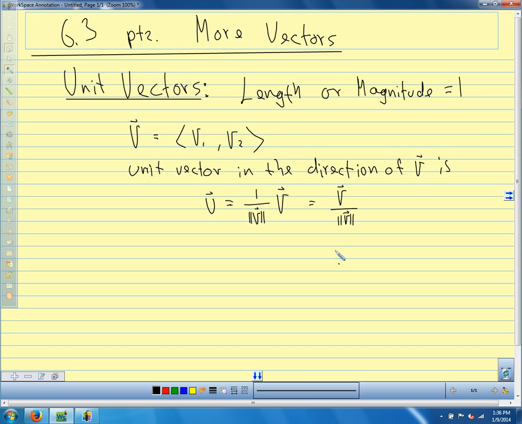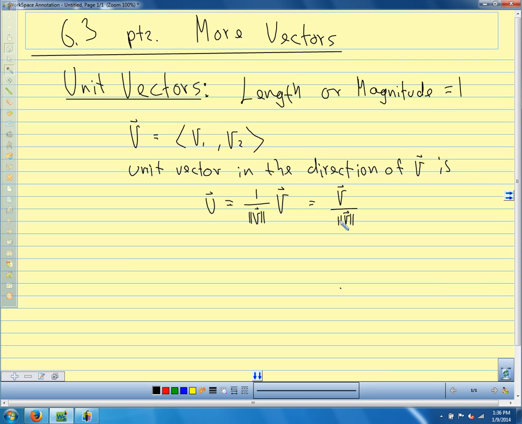We'll talk a little bit more about unit vectors in just a second, but I want to do a calculation using unit vectors. So this is our unit vector. We just divide a vector by its length. What if we wanted a vector of magnitude 10 in the direction of v? How would we find a vector of magnitude 10 in that direction?